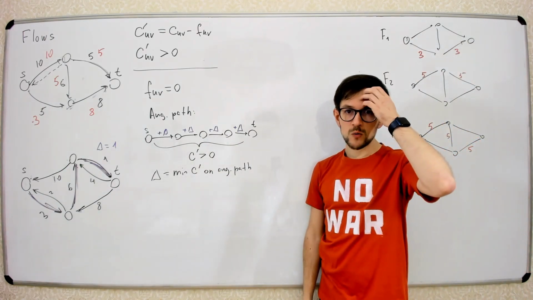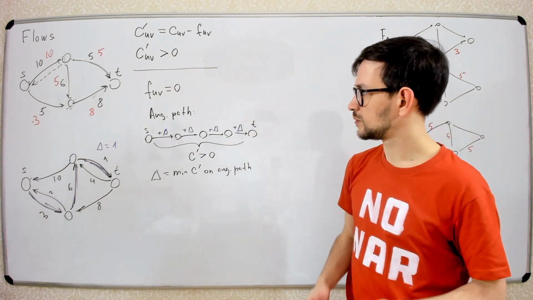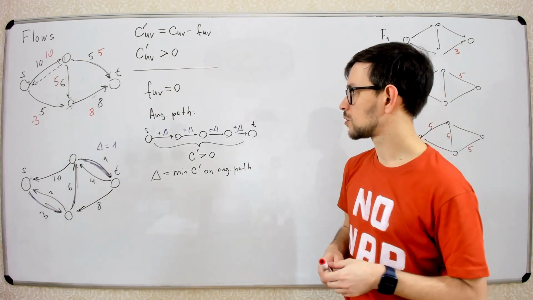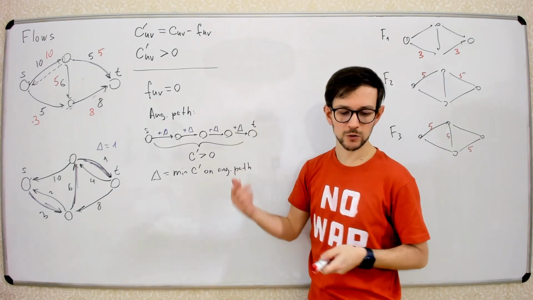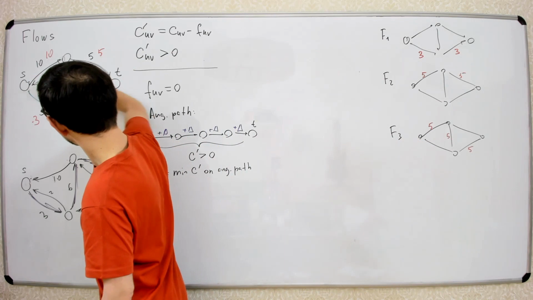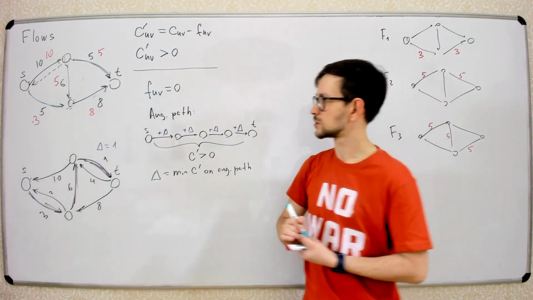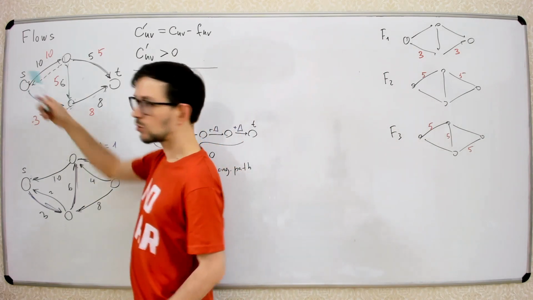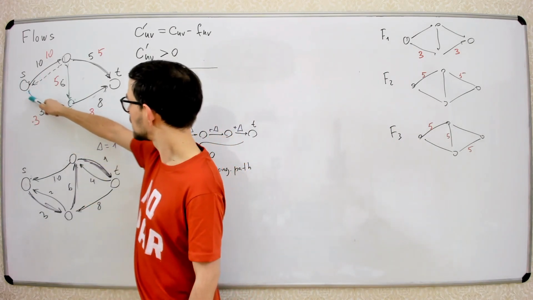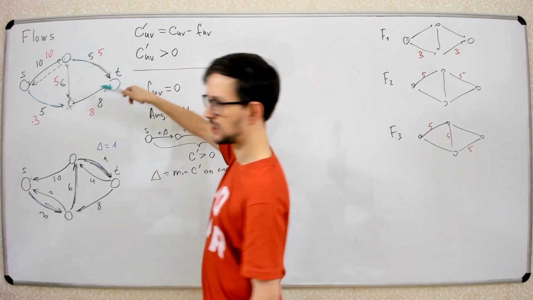That's basically why we need these additional edges, these reversed edges, because augmenting paths in your main network look kind of like this. So this is the augmenting path in your network. It doesn't look like a normal path. So what does it mean? What we just did is we increased the flow here, decreased it here, and increased it here.